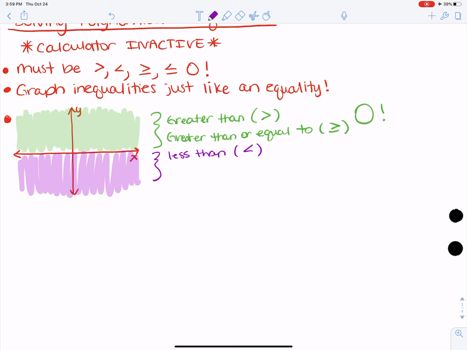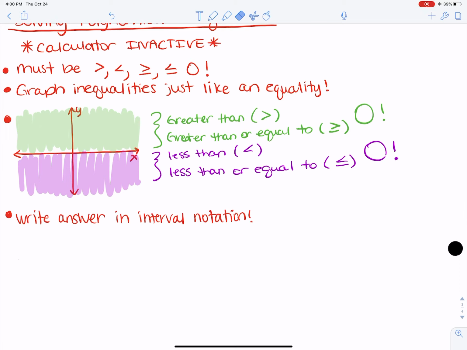It looks like this, or less than or equal to. And that's right there. And again, it has to be to 0. And that is literally what parts of the graph are below the x-axis or below y equals 0.